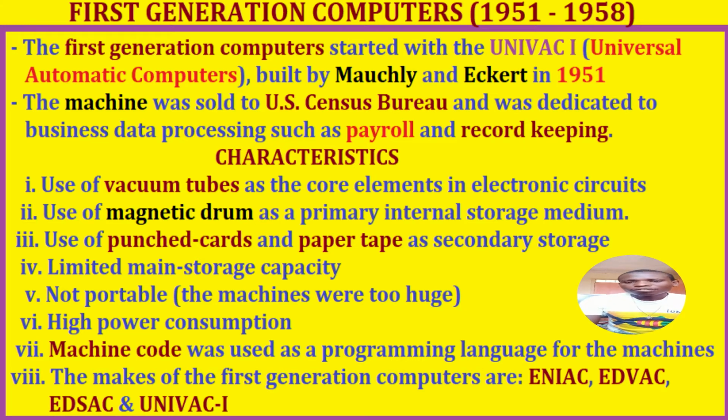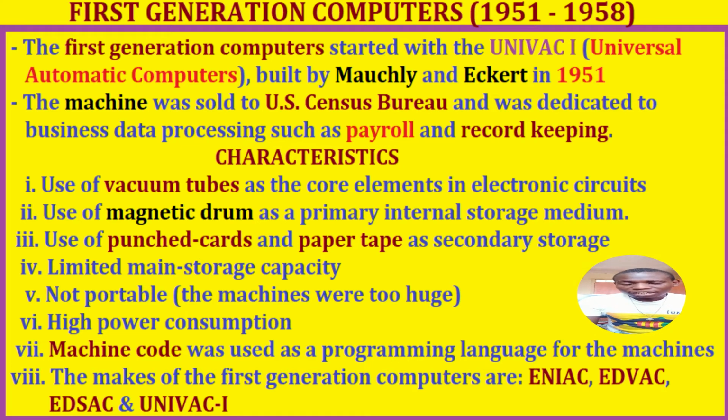Fourthly, the first generation computers had limited main storage capacity. Fifthly, the first generation computers were too huge and were not portable. The sixth characteristic is that the first generation computers had a high power consumption rate.